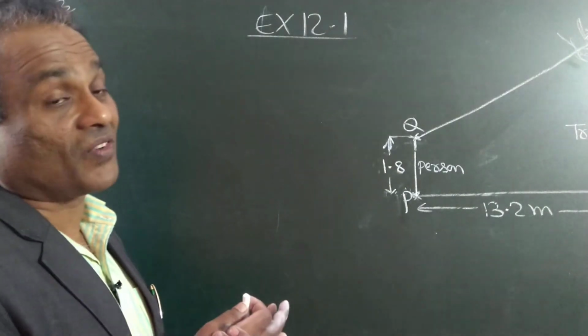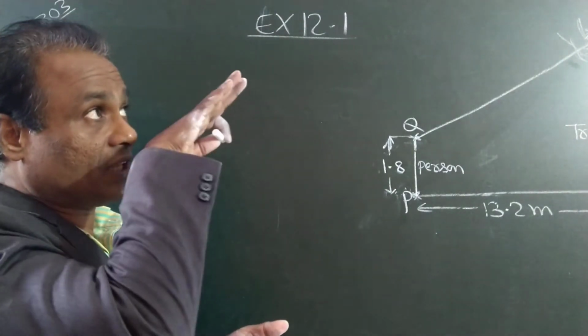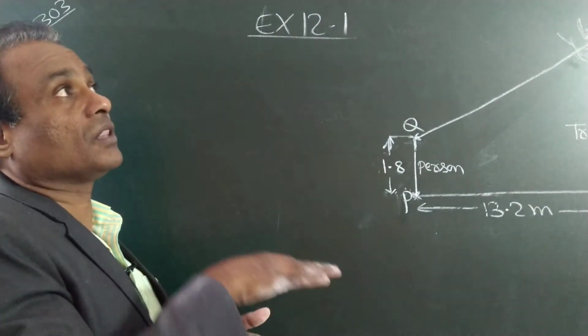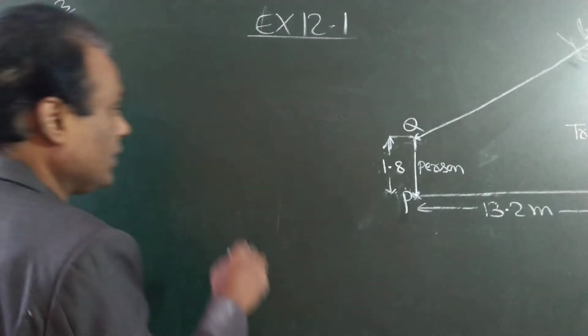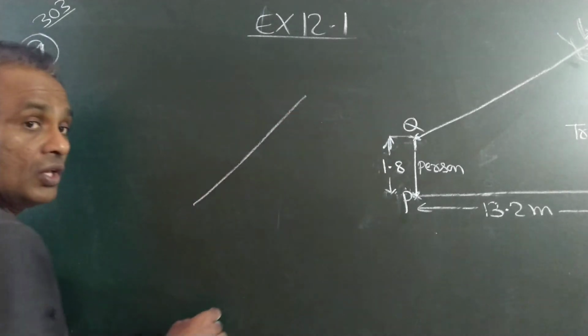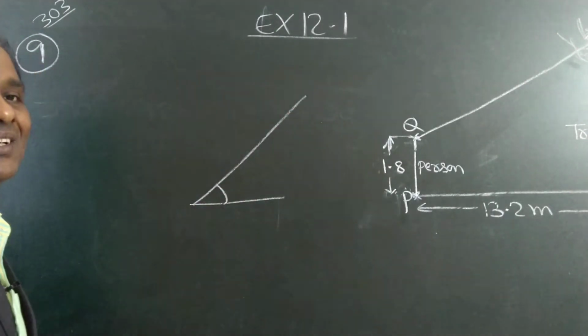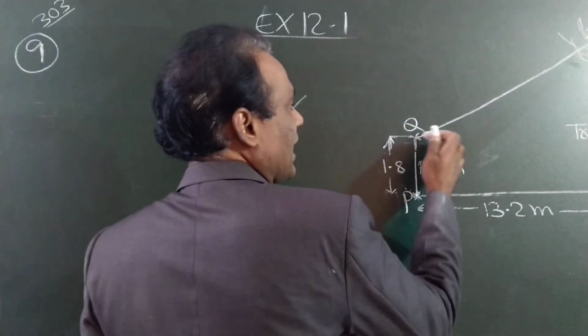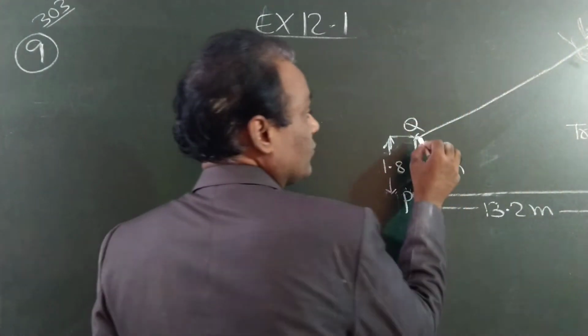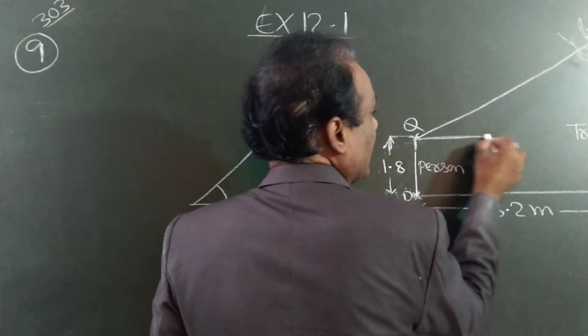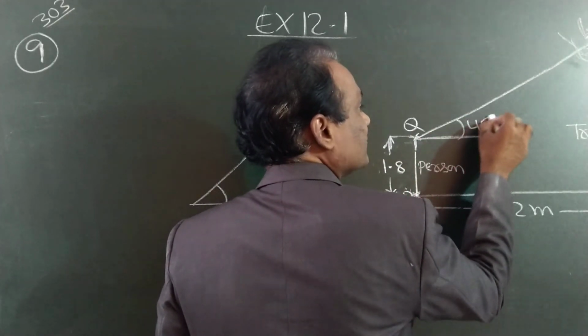Where we have to write that 45 degrees? Elevation means if you are looking top, the angle formed is called angle of elevation. Suppose if you are looking like this, so angle of elevation means we have to draw the horizontal, then we write the angle. So here angle of elevation 45 degrees means draw a horizontal line like this, and this is 45.